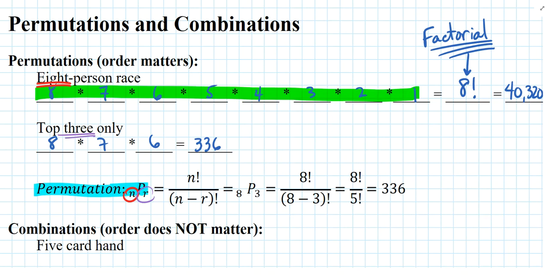And nPr is computed this way: n factorial divided by n minus r factorial. You can see that the result is the same as before when computed using the fundamental counting principle.